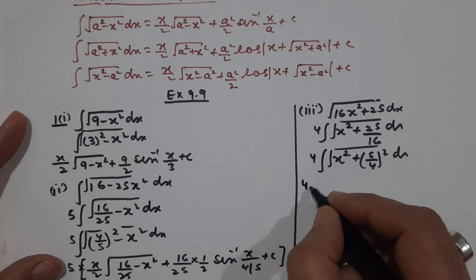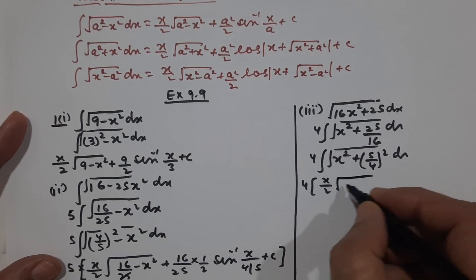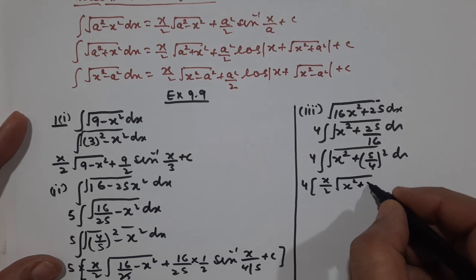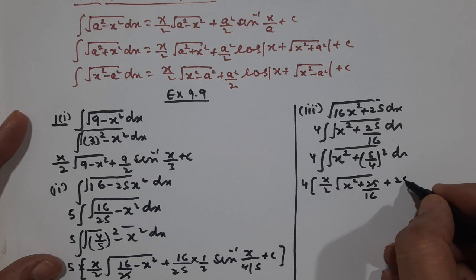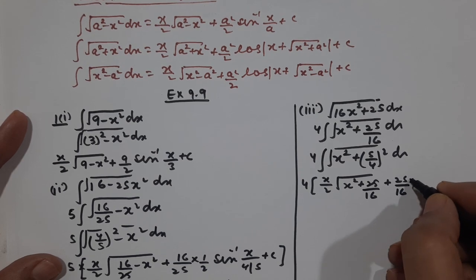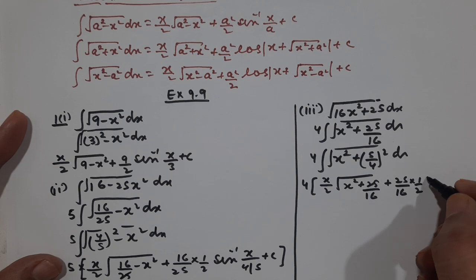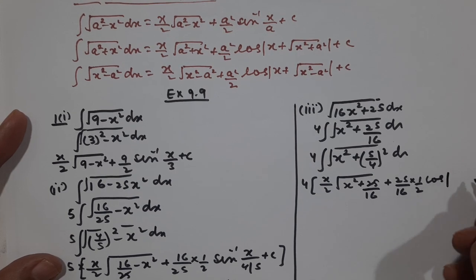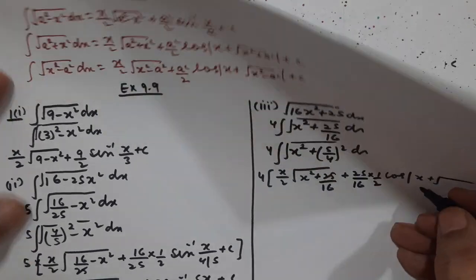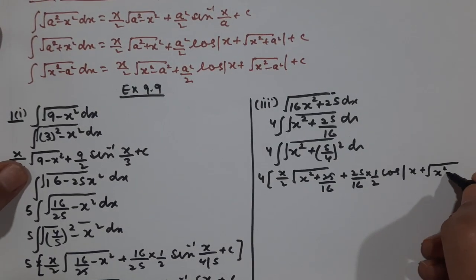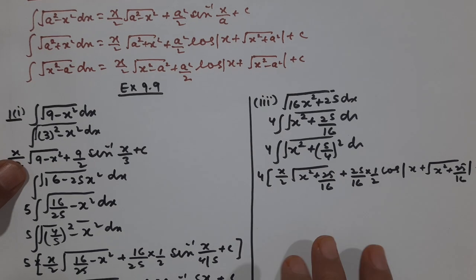So this is equal to x upon 2 under root x square plus a square plus a square upon 2, meaning 25 by 16 into 1 by 2, log x plus under root x square plus a square, meaning x square plus 25 by 16, plus c.